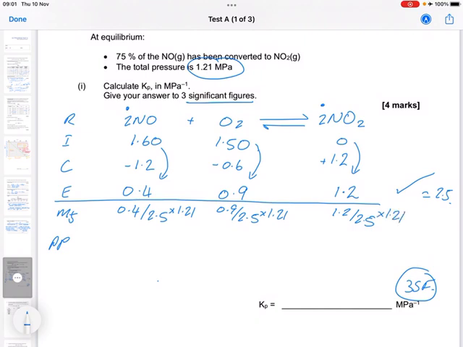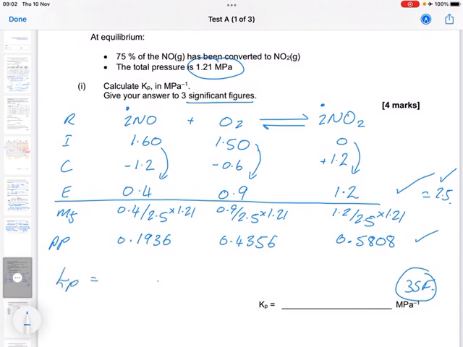So my partial pressures for each of these is 0.1936, 0.4356, and then 0.5808. So 2 further marks here, one for working out the total number of moles, one for then using that to get all of the partial pressures. The fourth and final mark then is for calculating Kp.